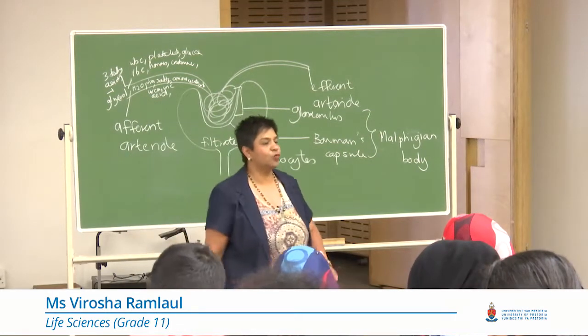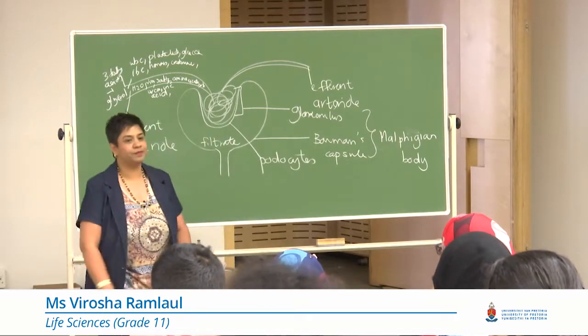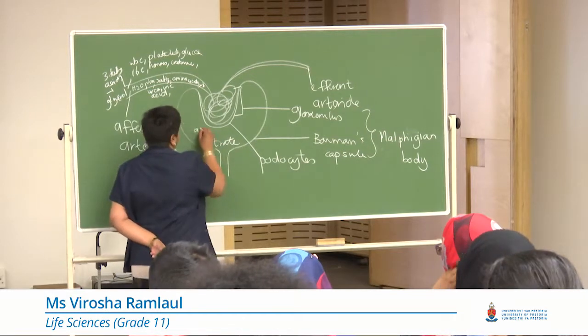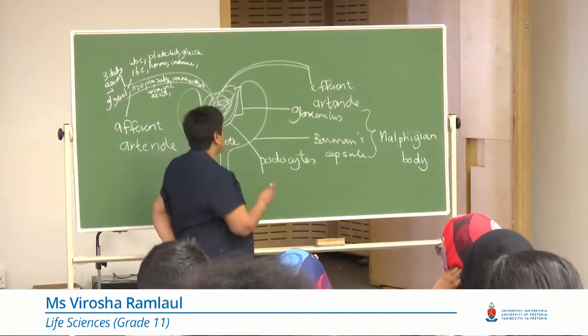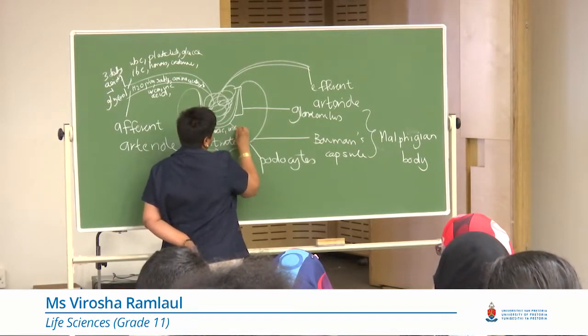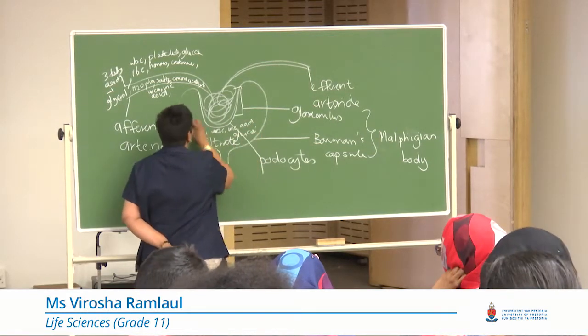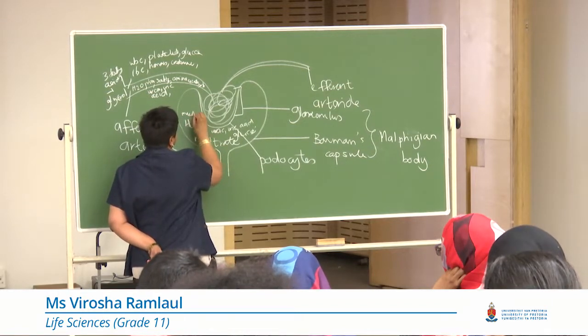What substances are small enough to enter the Bowman's capsule? Okay, I'm writing AA, right? Urea, uric acid. It's going to be glucose, water, vitamins, mineral salts.